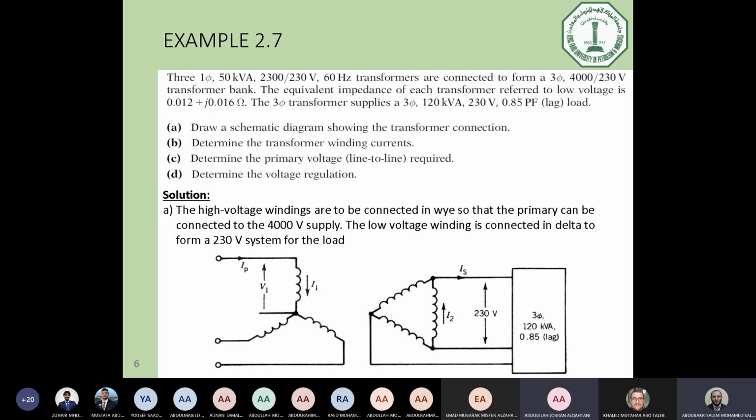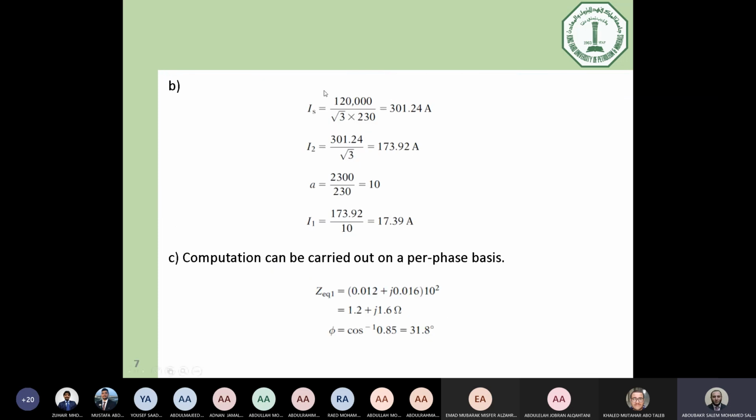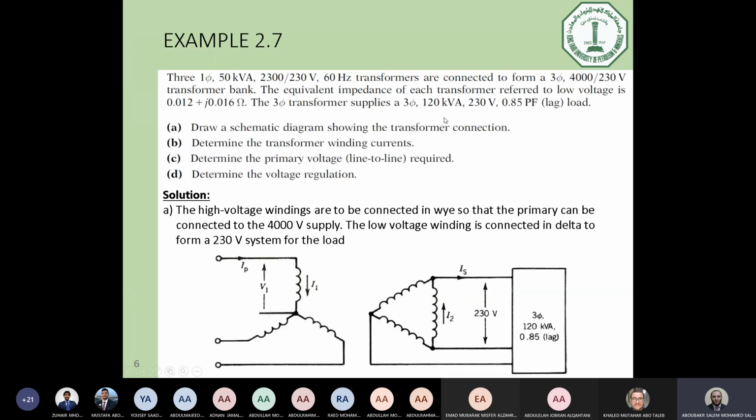So the relation is S equal square root of 3 multiplied by V line, I line. So for now, we can simply get IS as the 120 kVA divided by square root of 3 multiplied by V line. So this is now the value of the line current without considering any angles.